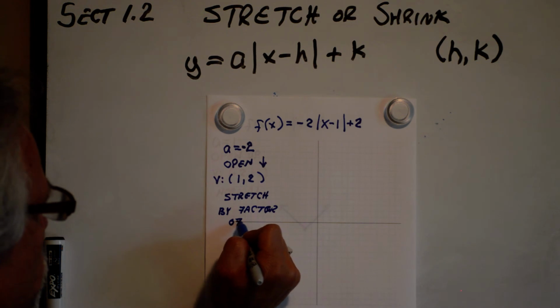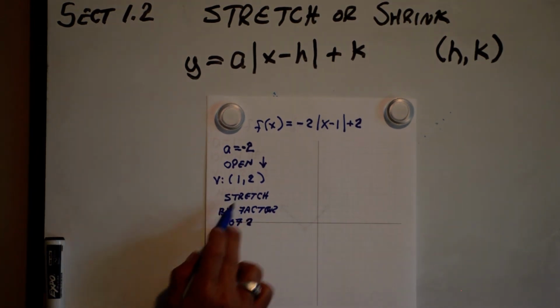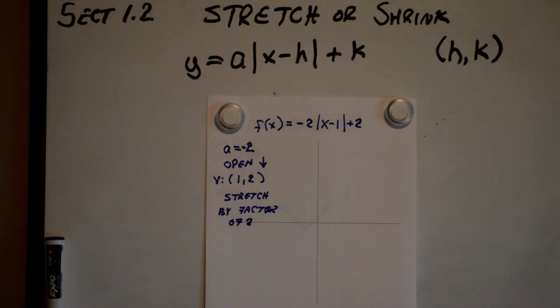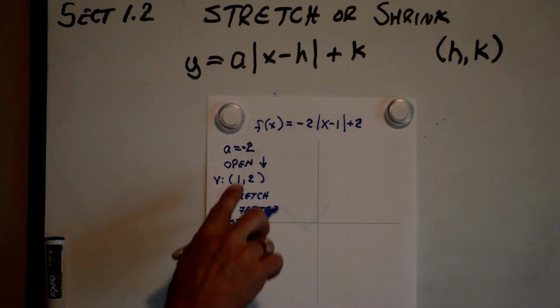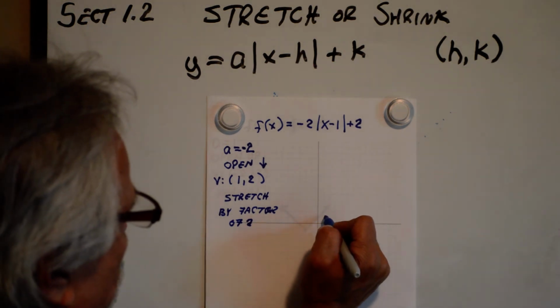All right, so my vertex we said is going to be at (1, 2).